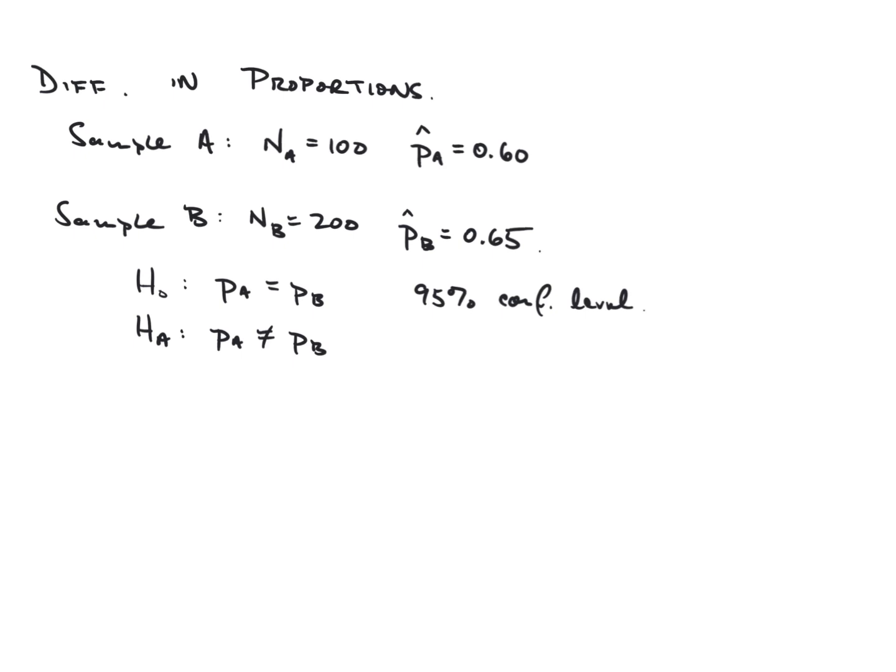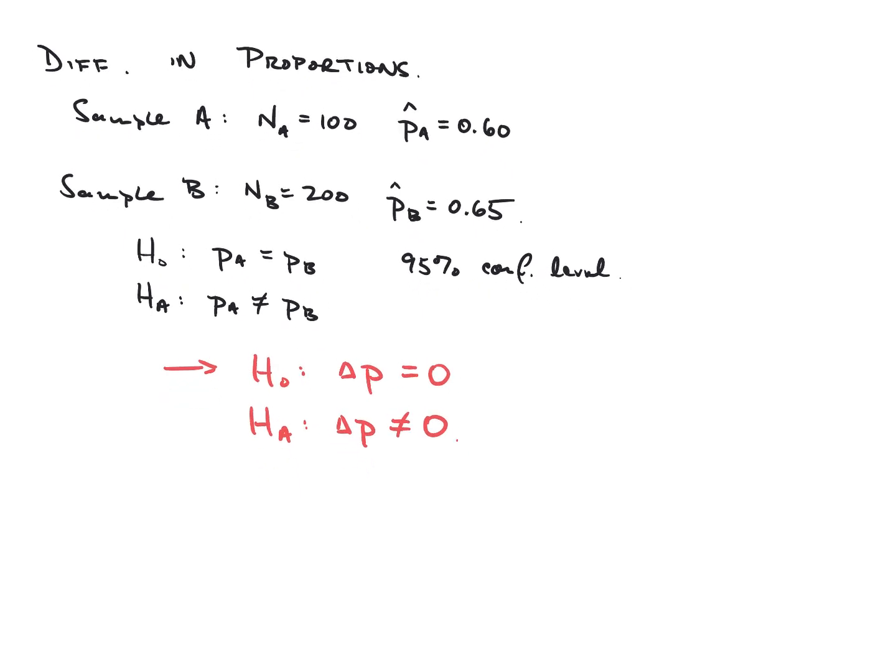Or if we want to state that in terms of parameter, the null hypothesis is that some parameter equals a specific value. The null hypothesis is that the difference between the p's is 0, and the alternative is that the difference between the p's is not 0. Everything remains the same except for the formula for the variance in the difference in proportions.